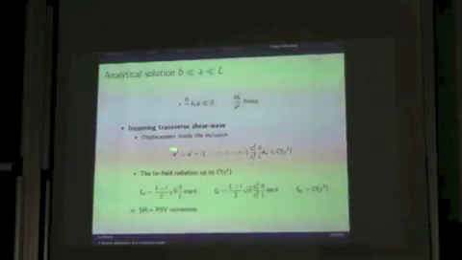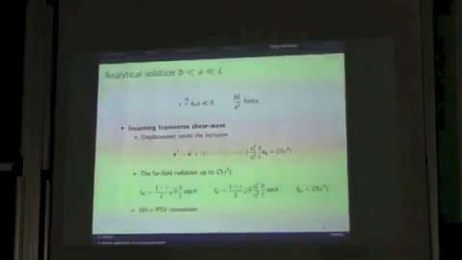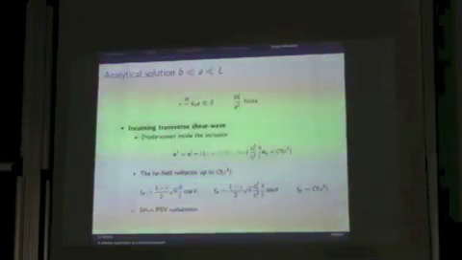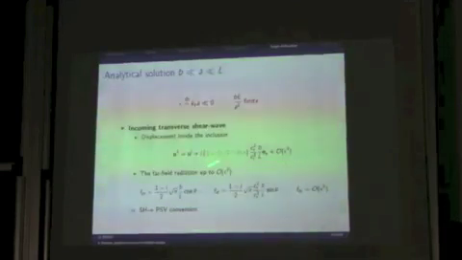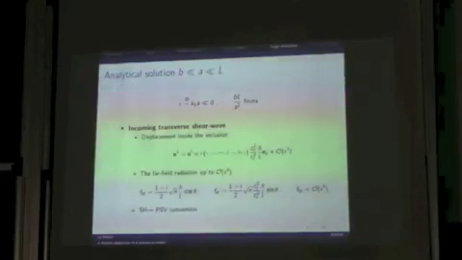In this case, what we observe is that the total displacement in the inclusion is the superposition of three things. If I impose an incoming shear wave, transverse wave, the displacement inside the inclusion is the incoming transverse wave plus a term which is a uniform displacement in the EY direction.